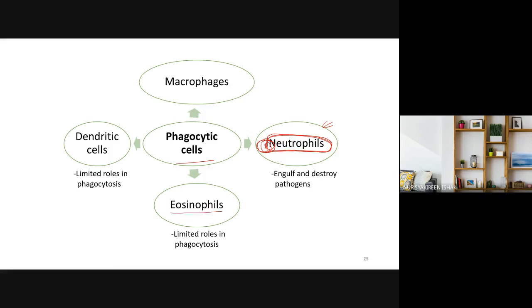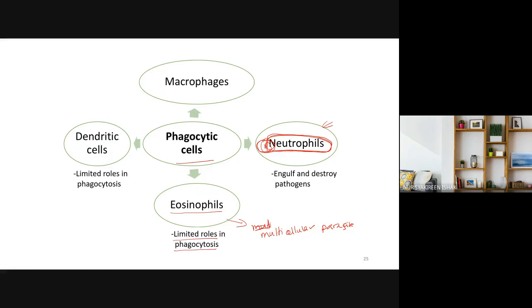And then you have eosinophil. So it says here limited roles in phagocytosis. Eosinophil has the ability to engulf pathogen through phagocytosis, but another function of eosinophil is to kill multicellular parasite.